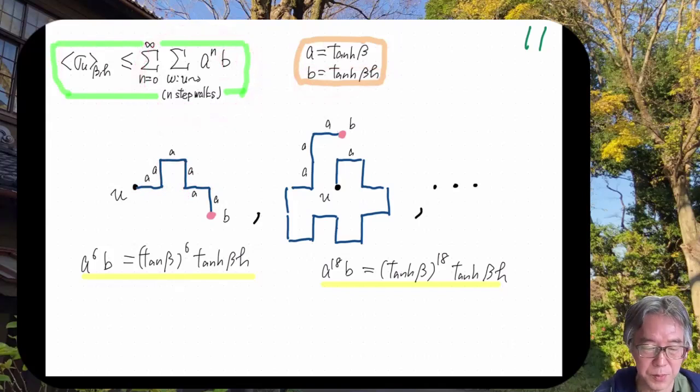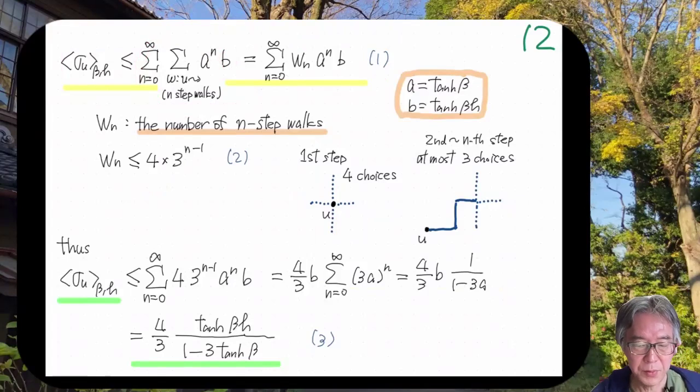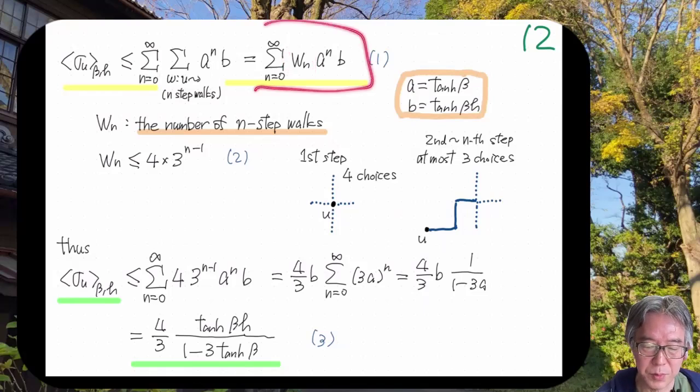But it's not difficult. So this is the final page. This is what we have seen, and it is written in this way, where this Wn is the total number of n-step walks that start from u. So you only have to sum this thing.